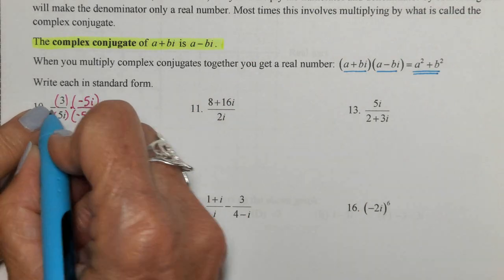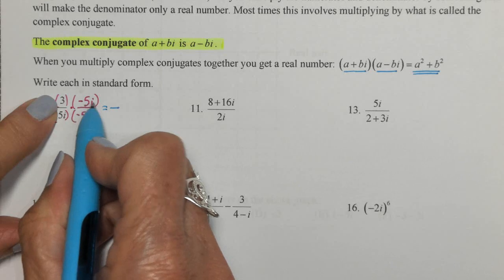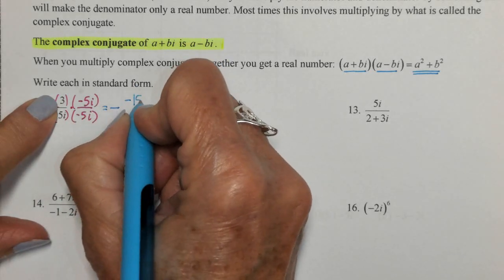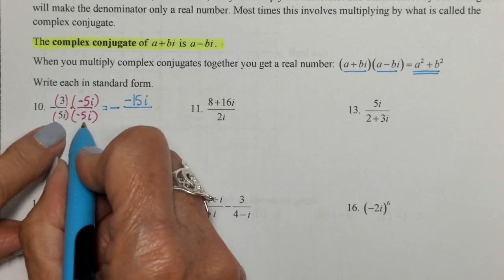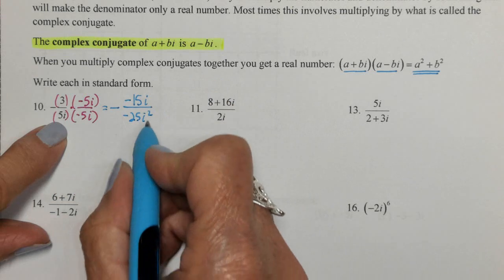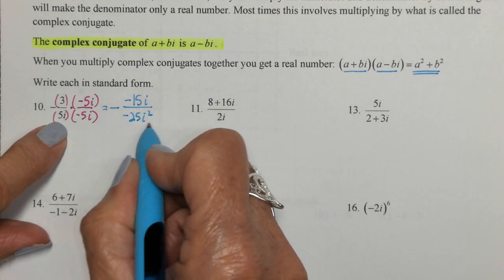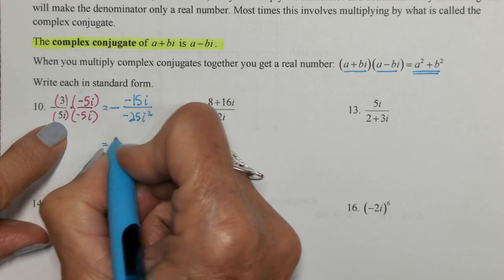Whatever you multiply by on top, you have to multiply by on the bottom. I have this minus that's out in front here, so I'm going to leave it out in front. And I have 3 times a negative 5i, that's a negative 15i. And on the bottom, what do we have? I have a negative 25i squared. But that i squared changes just to a positive 25. So now we have a positive 25 on the bottom.